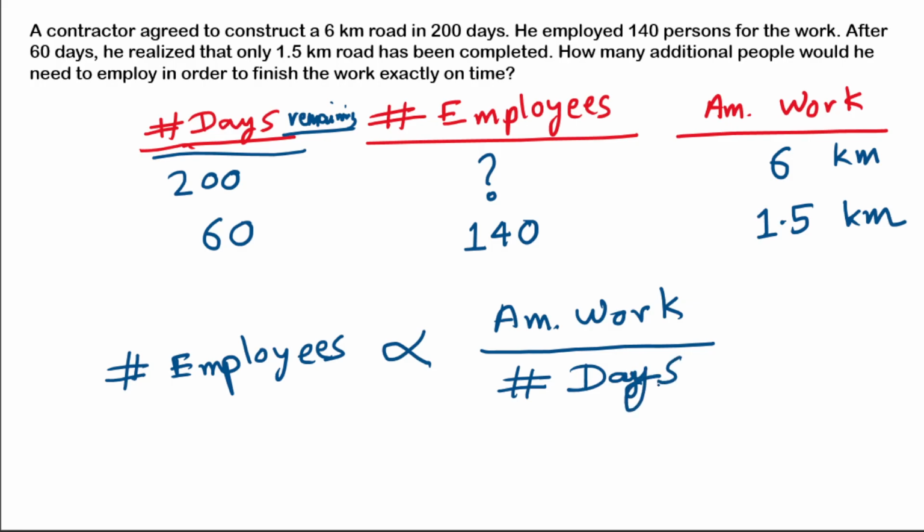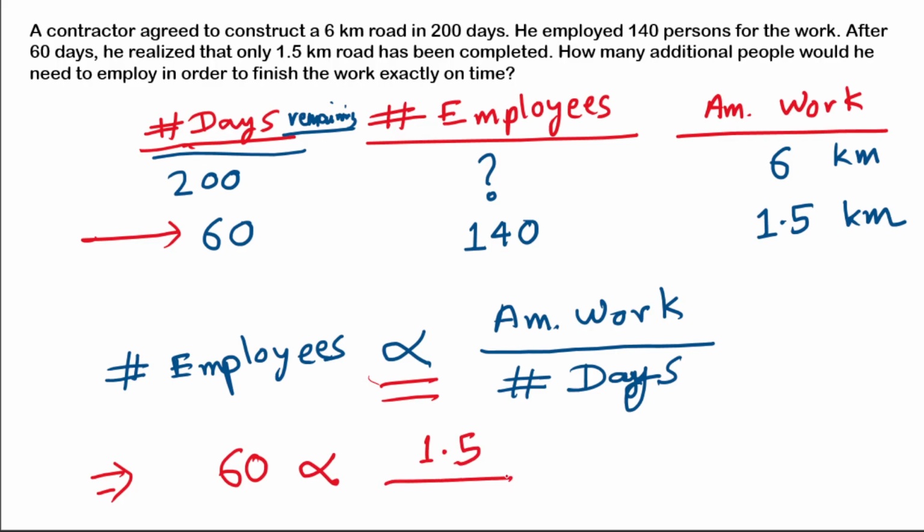Okay. So look at this particular line. We have all three components here. So we can write it this way: 60 is proportional to the amount of work, that is 1.5, and the number of employees is 140.